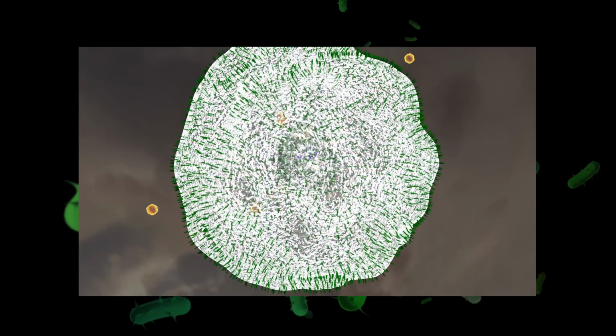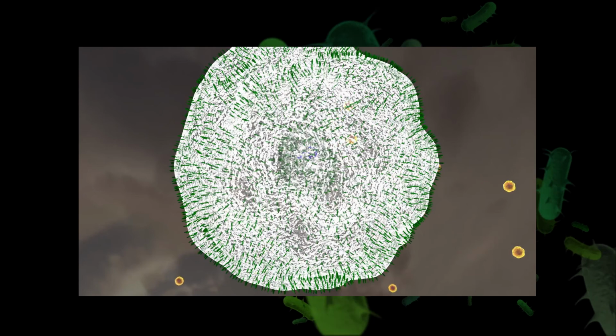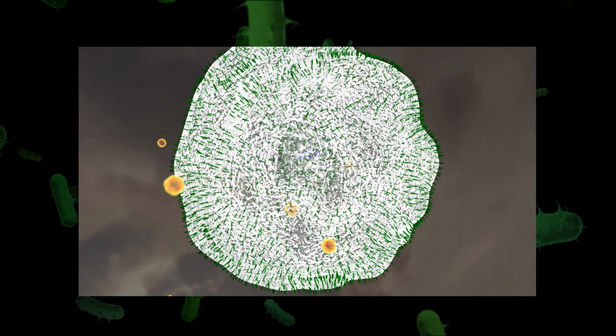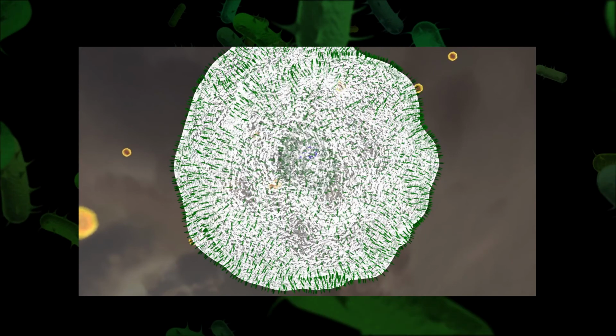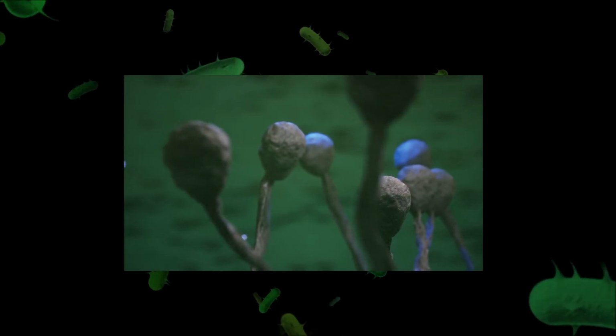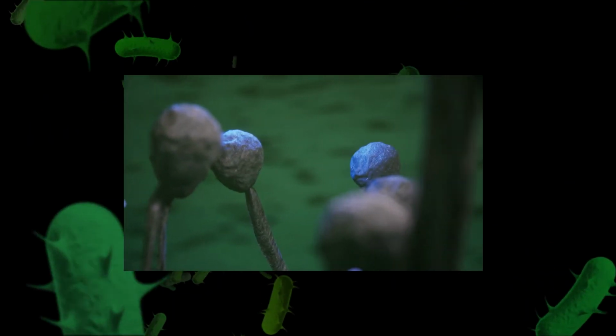Unlike bacteria, which attack your body's cells from the outside, viruses actually move into, live in, and make copies of themselves in the body's cells. Viruses can't reproduce on their own like bacteria do. Instead, they attach themselves to the inside of a healthy cell's genome and reprogram these cells from there to make new viruses.